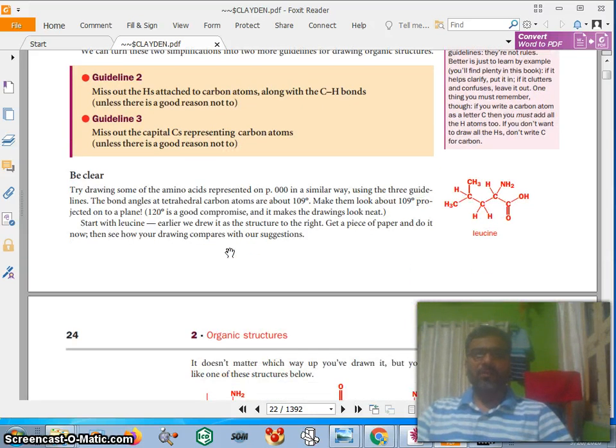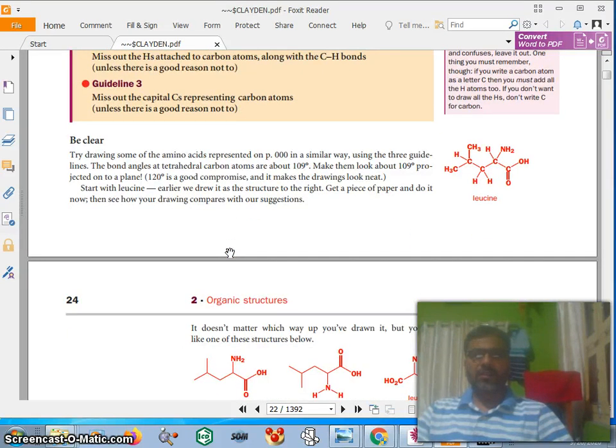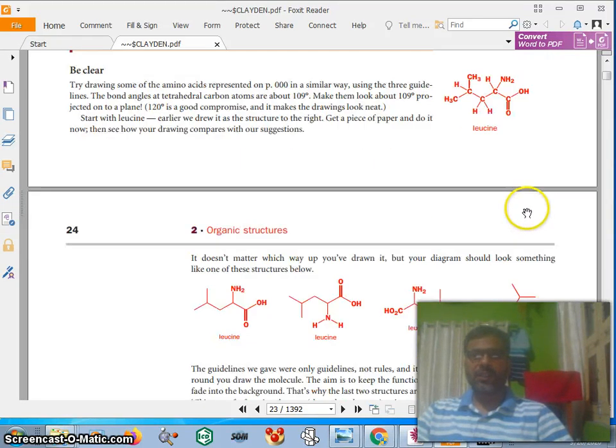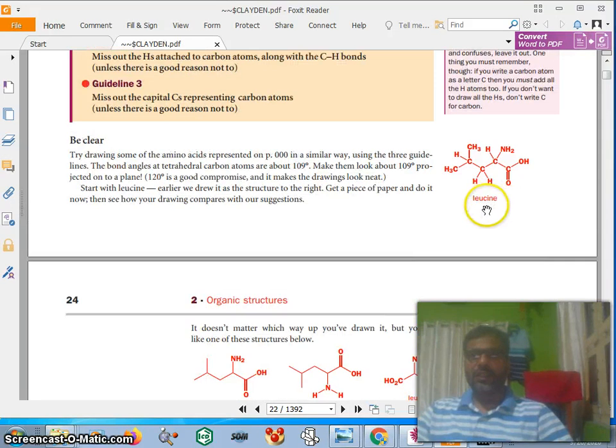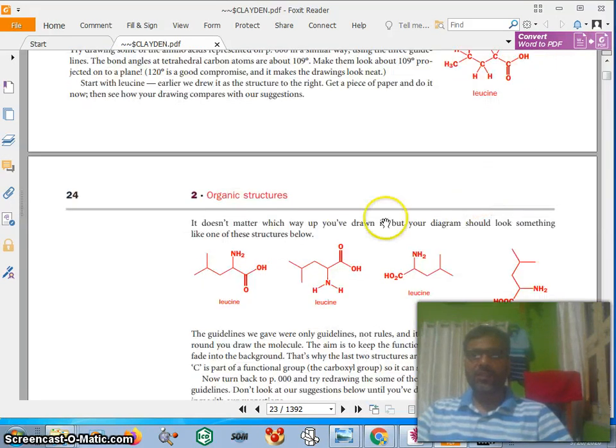Now be clear. Try drawing some of the amino acid representations of these molecules, leucine, like this, like this, like this, and like this. You see, this is leucine with the hydrogens. Now this hydrogen is attached because this is attached with the nitrogen and oxygens.